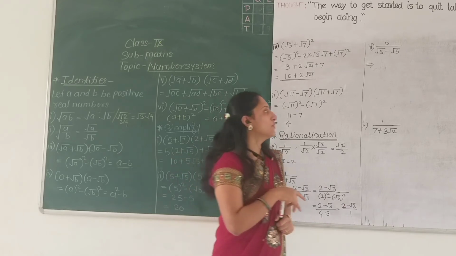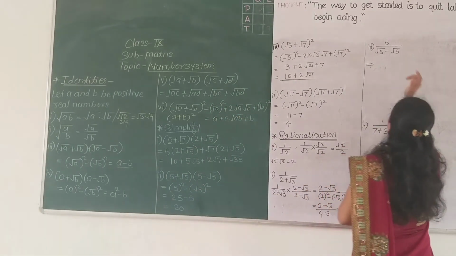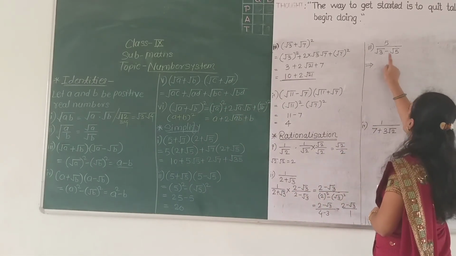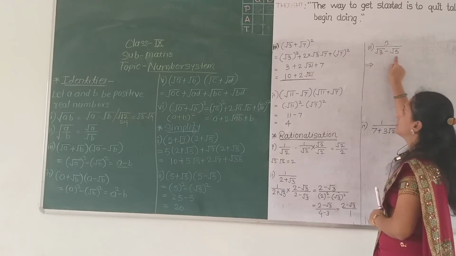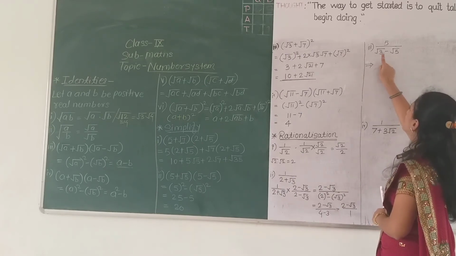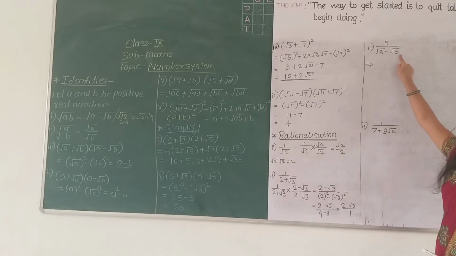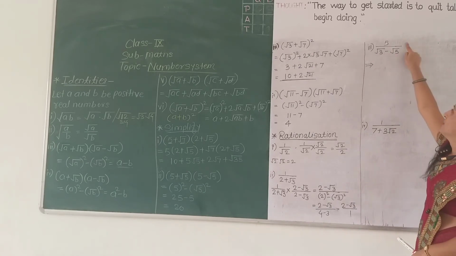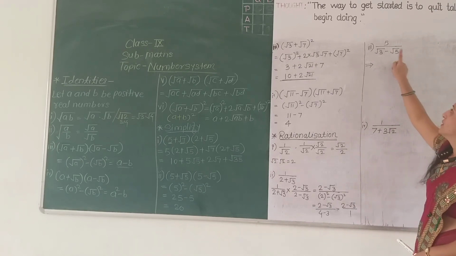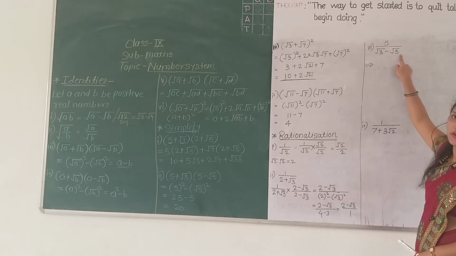For this, we multiply by the opposite term in the denominator. So I multiply numerator and denominator with root 3 plus root 5.